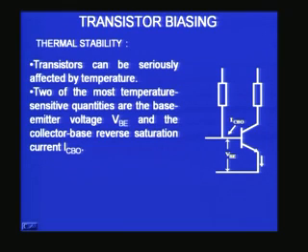Let us see how. I have shown on the picture here the ICBO, which is the reverse saturation current flowing through the base, and VBE, the voltage between the base and the emitter, are the two important parameters which can produce problems when you do a biasing.